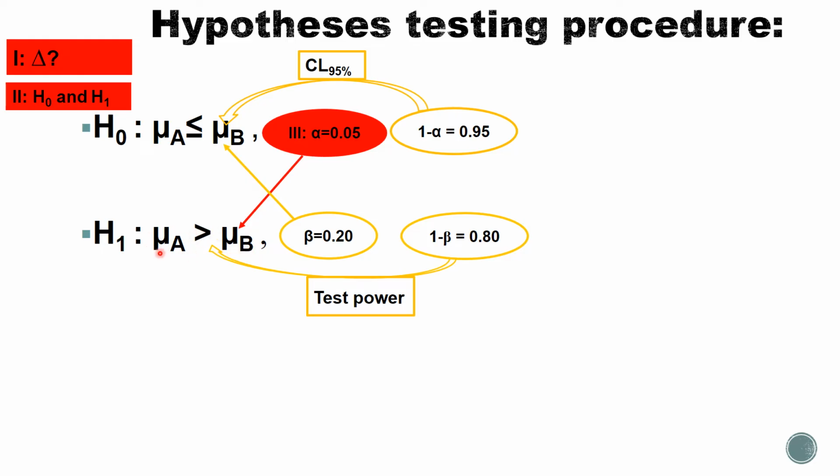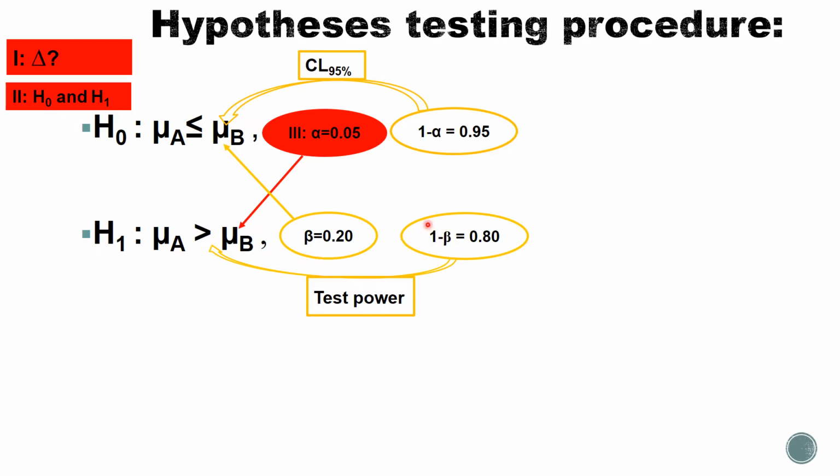So what we are trying to say is that if really the mean hours of sleep of patients who take the new treatment is greater than the mean hours of sleep of patients who take the standard treatment or placebo, then if really this exists in the real population, the capacity of our test to prove this will be what?